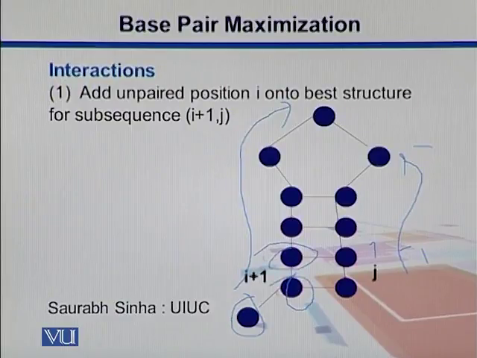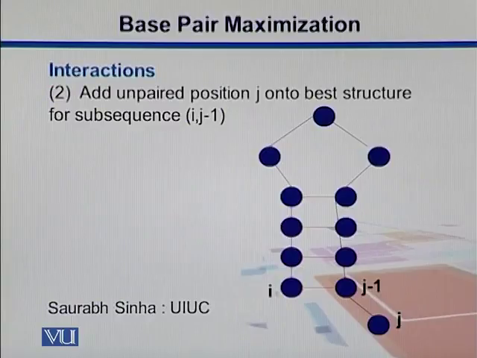Right now, in this case, we try to pair i, but we found that it does not pair. So we let it stay unpaired, and now we try to pair i plus 1 with j. We are adding this unpaired position i into the best structure.